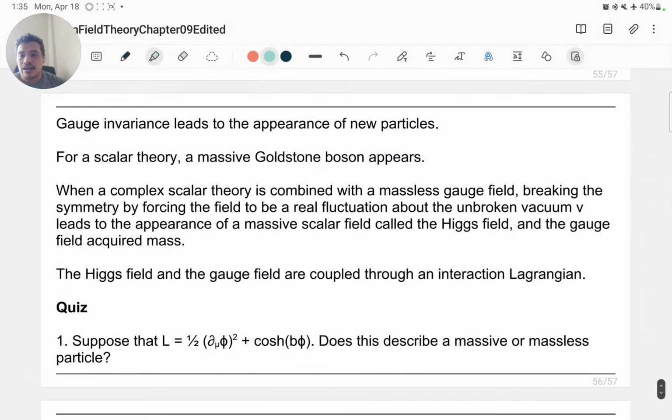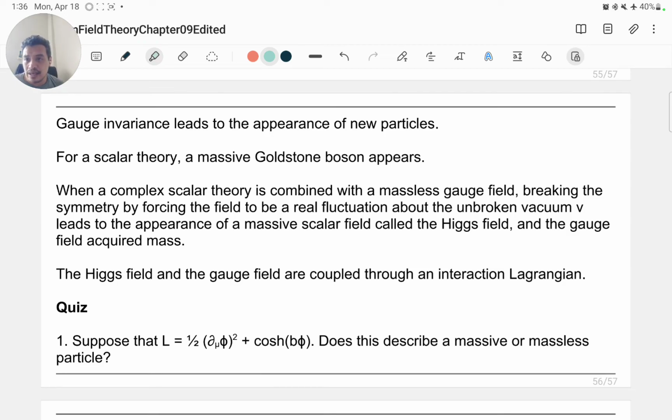Now, for a scalar theory, a massive Goldstone boson appears. When a complex scalar theory is combined with a massless gauge field, breaking the symmetry by forcing a field to be a real fluctuation about the unbroken vacuum V leads to the appearance of a massive scalar field called the Higgs field, and the gauge field acquires mass.